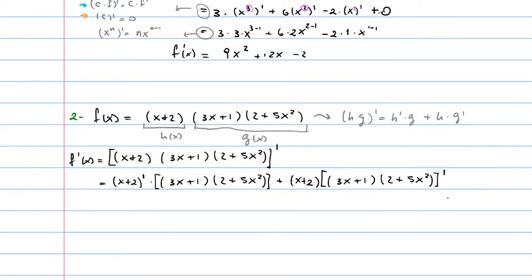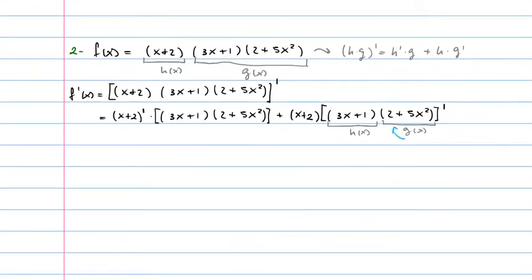So here we have x plus 2, we already know how to differentiate, but here again we have a product of two functions. So again, let's call it h of x and g of x and do the exact same thing.